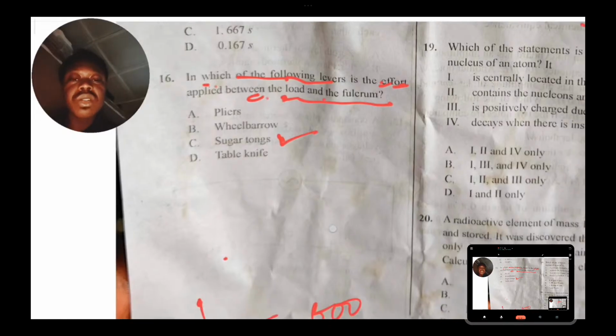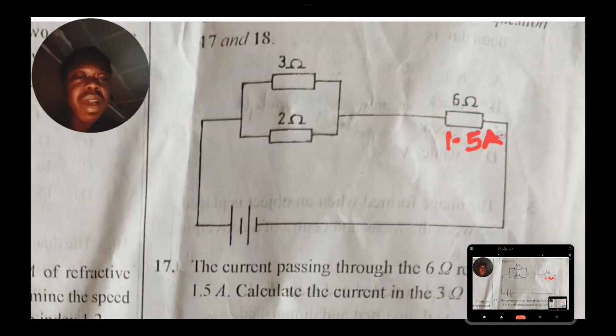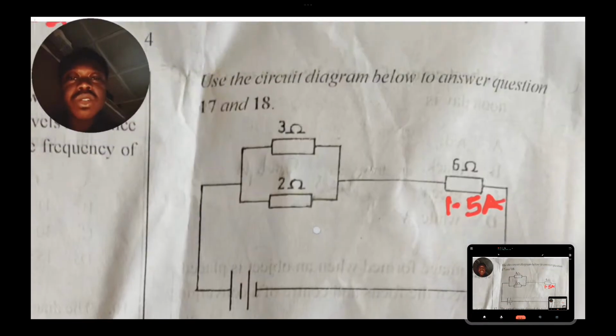If that is the case, then our answer becomes the sugar tongs. That's the answer. Please go and read more about ampere. That's the current here. Then we're asked to calculate the current in the 3 ohm resistor.